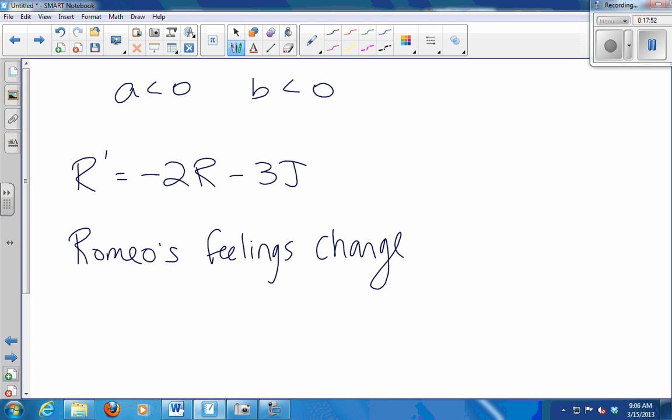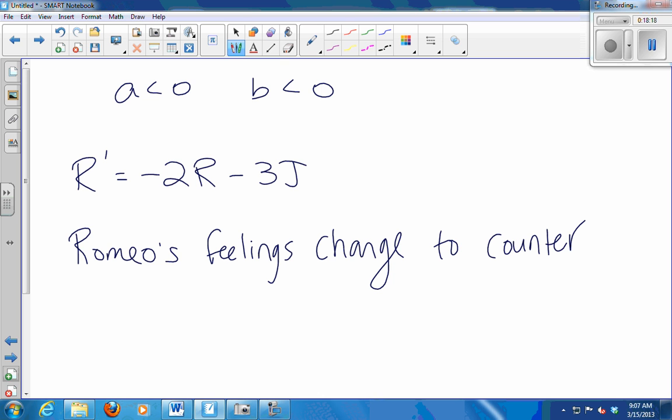Romeo's feelings change to counter what he's currently feeling, right? So because this coefficient is negative, if he loves her, the change is he loves her less. And if he hates her, the change is he hates her less, right?